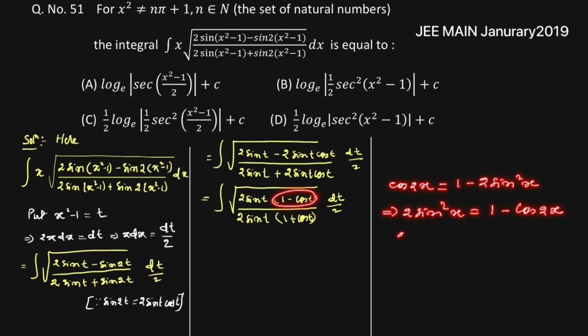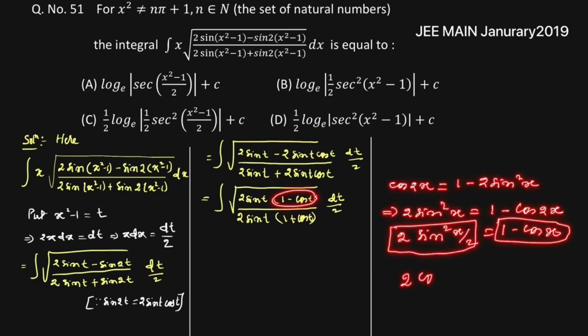When we apply the half angle formula, then 2 sin square x by 2 is equal to 1 minus cos x. So in the place of 1 minus cos x we put 2 sin square x by 2.